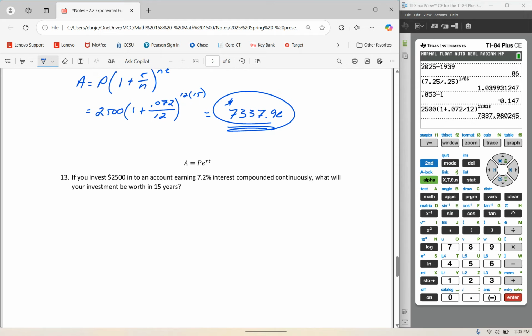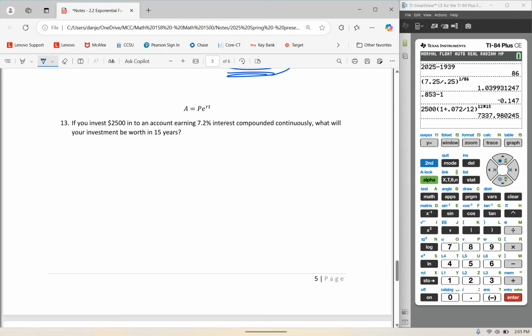If I'm fortunate enough to find an account, probably an investment account, where that interest is going to be compounded continuously, the formula changes. The future amount, A, is equal to P, the principal that I invest, times e to that interest rate times t years.